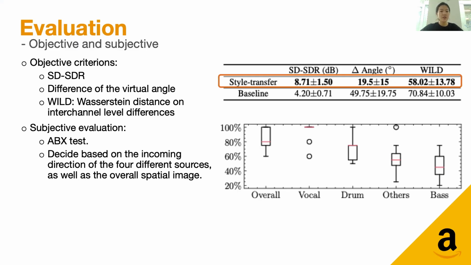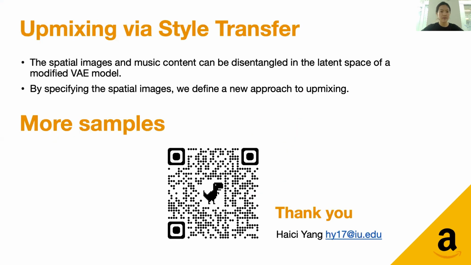The judgment should be made based on the incoming direction of the 4 different sources, respectively, as well as the overall spatial images. The box plot you are looking at shows the percentage of the votes which prefer our model over the baseline. The vocal output from our model is apparently best rated, maybe because vocals are usually dominant in a pop song. It also has some good influence on the overall spatial effect.